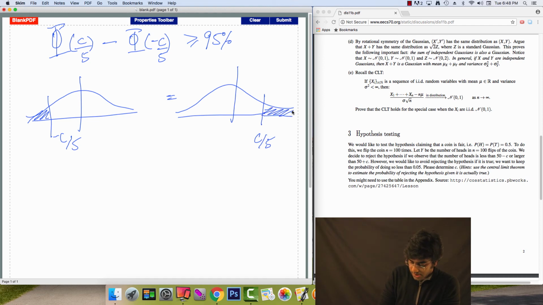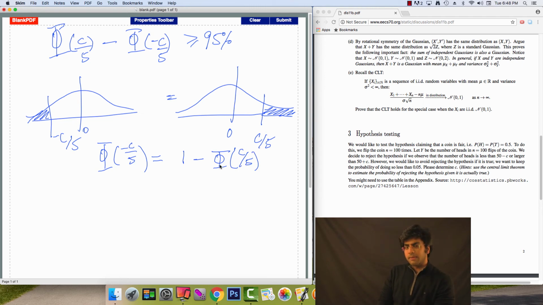Remember, the normal is symmetric about the origin, so to the left of minus c over 5 is the same as to the right of c over 5, which implies phi of negative c over 5 is equal to 1 minus phi of c over 5. Because remember, phi represents the area to the left, so the area to the right is 1 minus that.